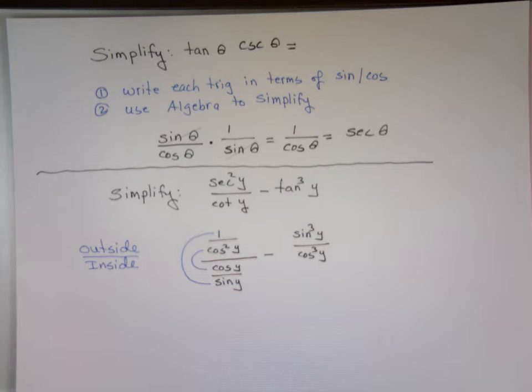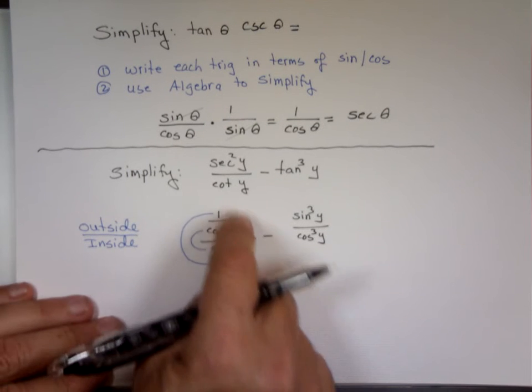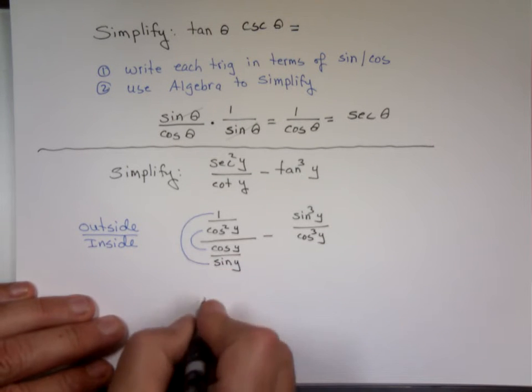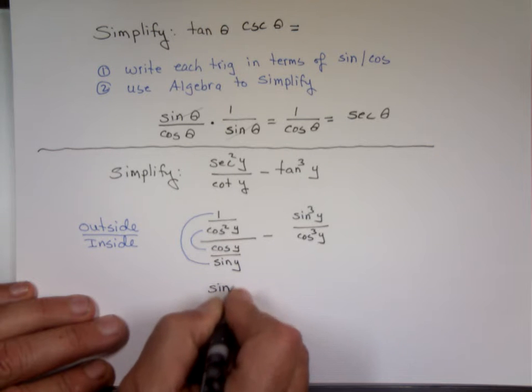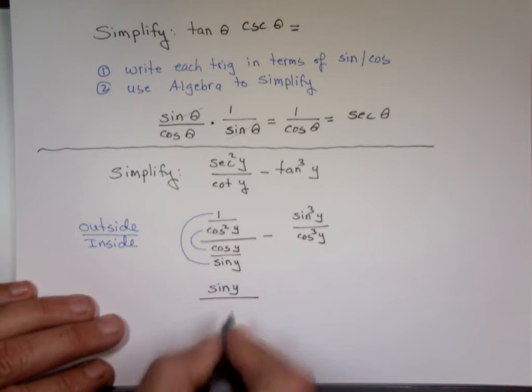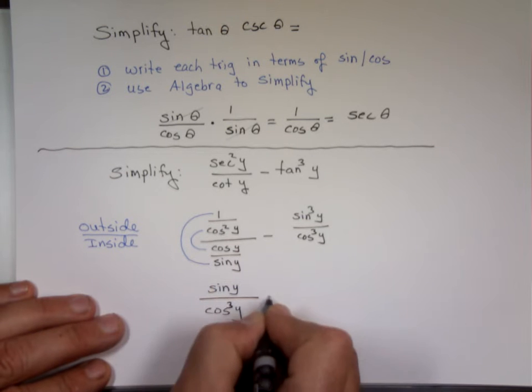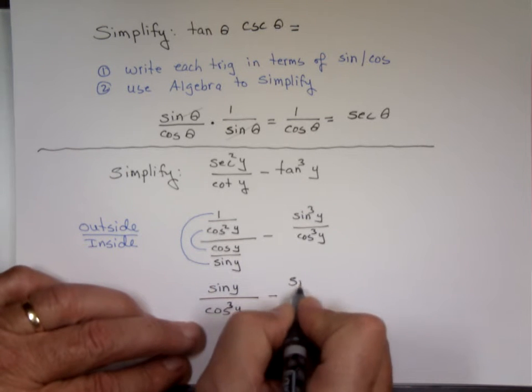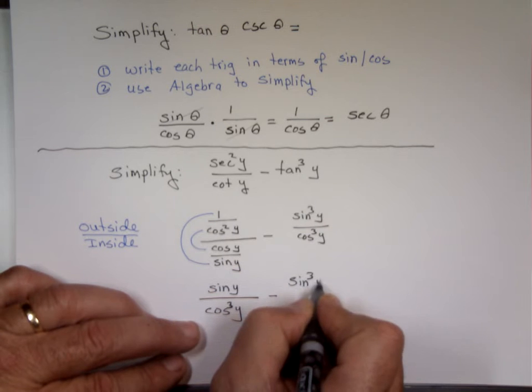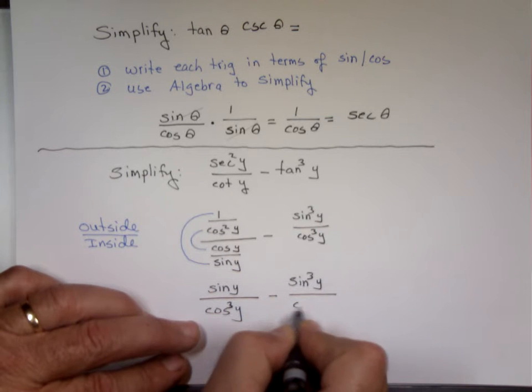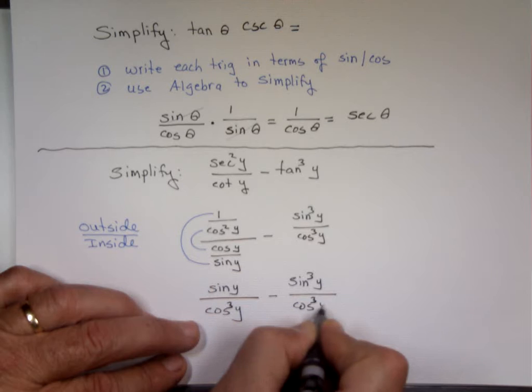My outside here is 1 times sine of y, which is sine y, over cosine cubed y. Very good. Minus sine cubed y over cosine cubed y. Notice these two are the same.